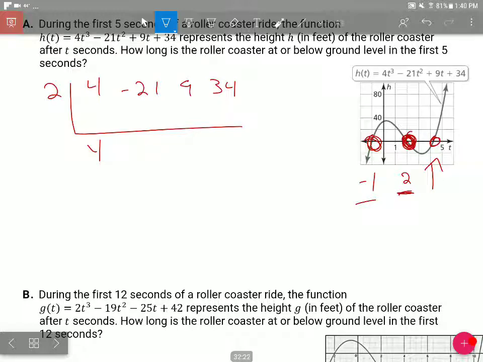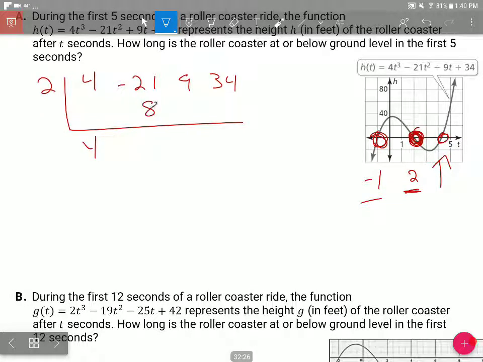What's 4 times 2? 8. It does look like a y. You making fun of my handwriting? Yes, it's okay to say yes. 8 minus 21 is what? -13. -13 times 2 is -26. Good. Plus 9 would be -17. -17 times 2 is -34. Good. So that's a 0.